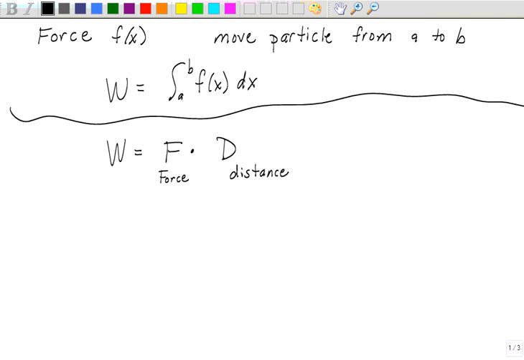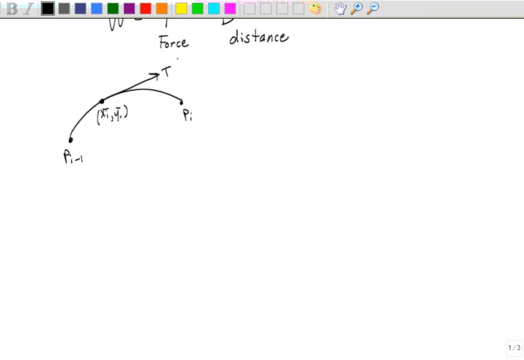So again, suppose we're moving a particle along this arc. And we pick this point. And it's going to move in the direction of the tangent. It's a tangent vector.